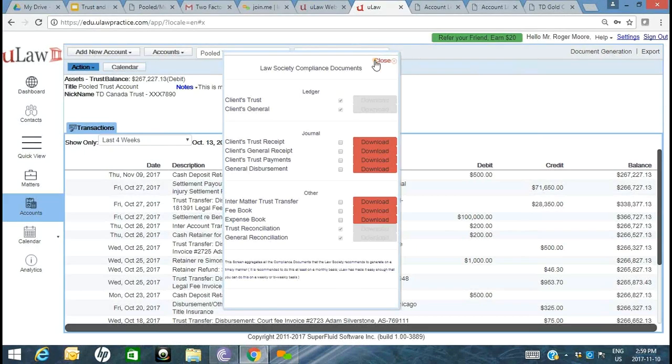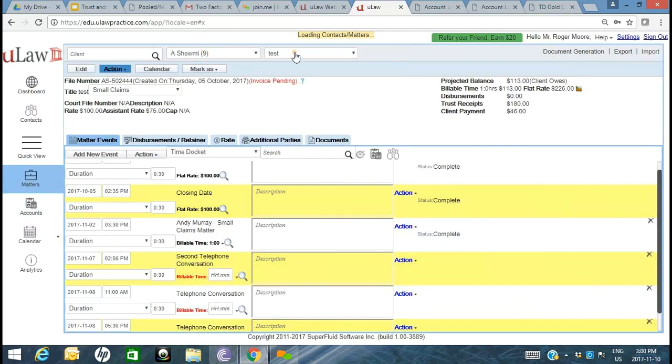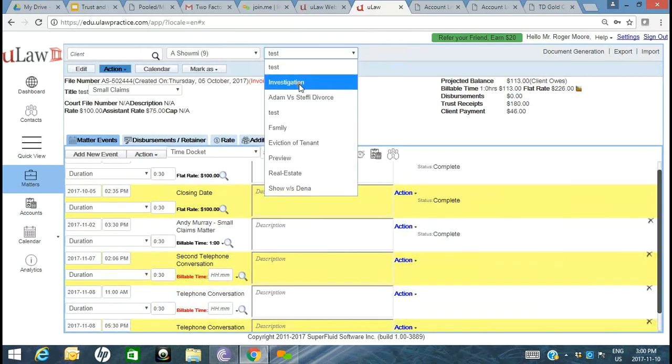Let's do the general for this particular month. It's done. So that's how you could just start to generate all of those Law Society documents once you reconciled one at a time. So here's your entire general ledger, client's general ledger, by client, by file. And if you had multiple files for the same client, we capture that as well.